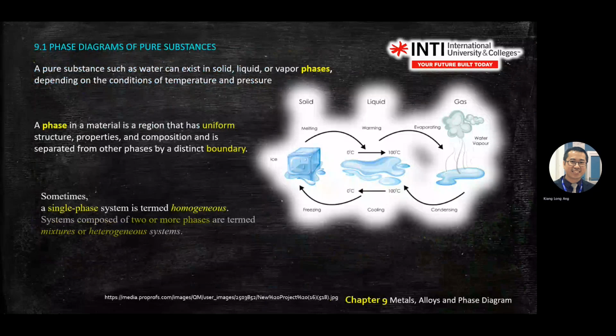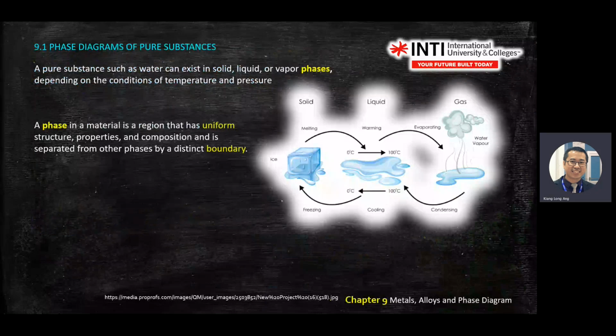Okay. So if you see a single phase system, it means homogeneous. Heterogeneous means you have two or more phases. So what is the homogeneous single phase?